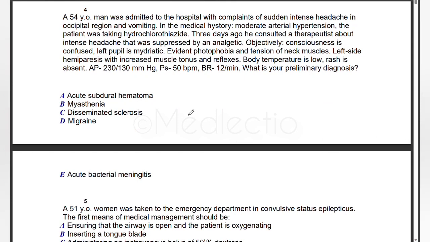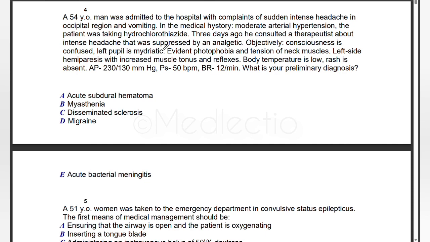Then next, a 54-year-old man was admitted to the hospital with complaints of sudden intense headache in the occipital region and vomiting. In the medical history, moderate arterial hypertension. The patient was taking thiazide. 3 days ago, he consulted a therapist about intense headache that was suppressed by analgesic.